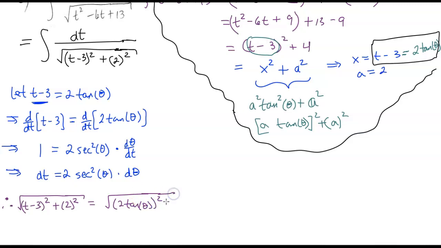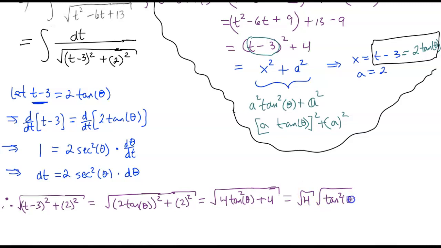All that squared plus the 2 squared there. Then that's essentially just going to be 4 times tangent theta squared plus 4. And I could rewrite this as square root of 4 times square root of tangent squared plus 1.